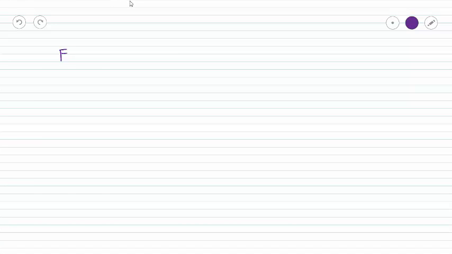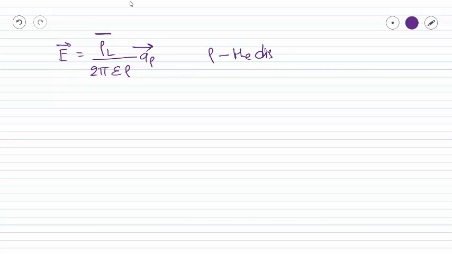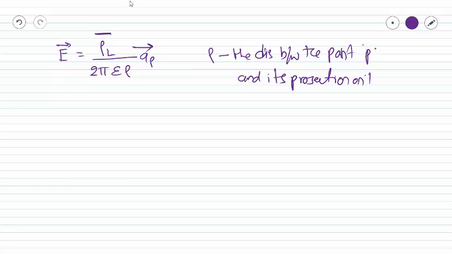So first we discussed the infinite line charge distribution. For that the expression is rho L by 2 pi epsilon rho a rho bar. In this case rho L is the line charge density, rho is the distance between the point P and its projection onto the line charge, and a rho is the corresponding unit vector.